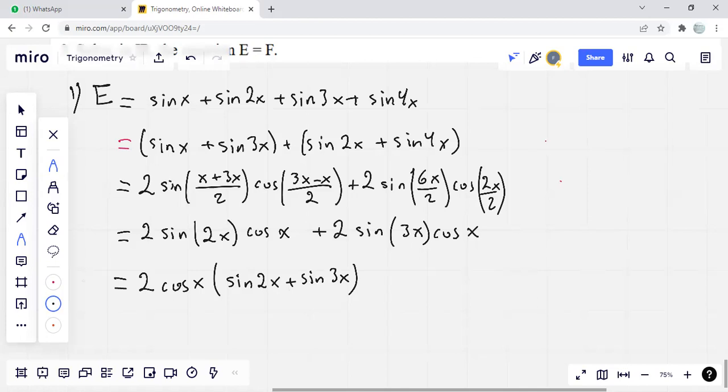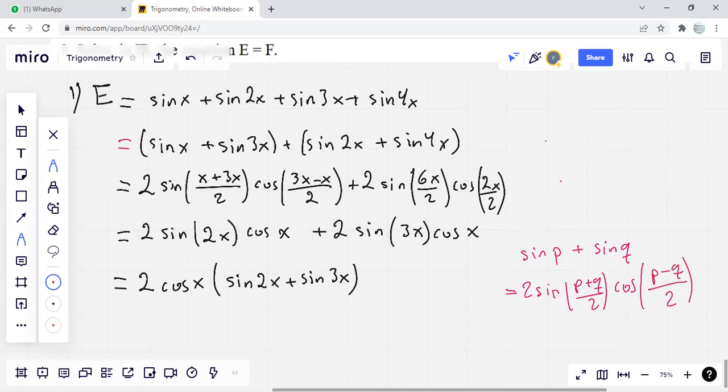Okay, this rule we used before, again. I'll remind you of this rule. Sine p plus sine q will be equal to 2 sine the half of their sum times the cosine of the half of their difference.